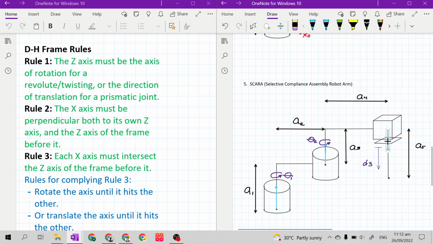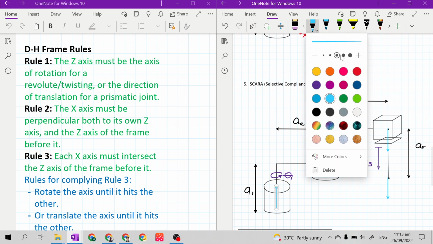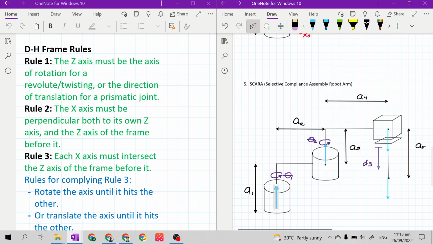And lastly, for the end effector, the practice is to copy the direction of the z-axis of the frame before the end effector. Then let's make them thicker for us to see them clearly.